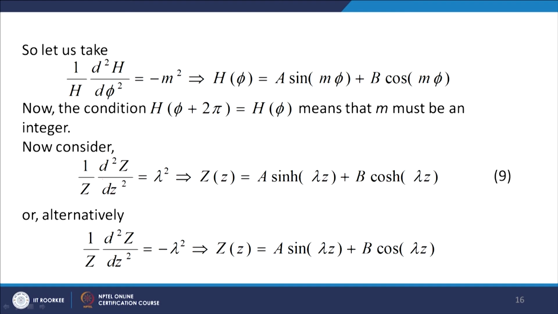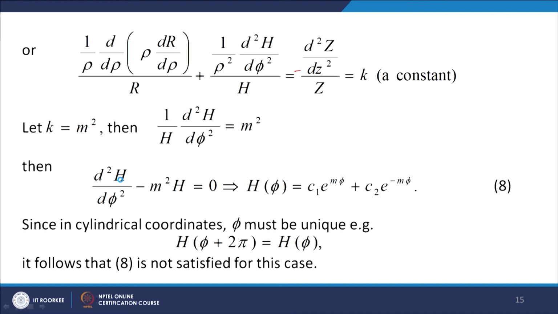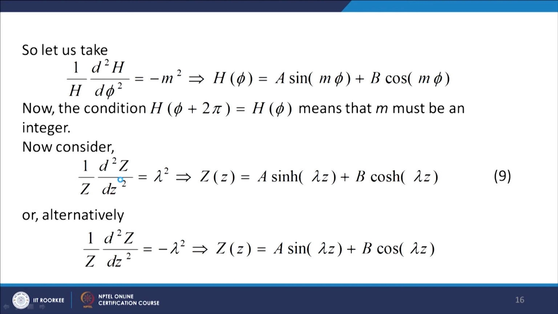Now consider (1/Z) d²Z/dz² equal to λ square. Here d²Z/dz² is kZ, let us take k equal to minus λ square. So we have d²Z/dz² minus λ²Z equal to 0.